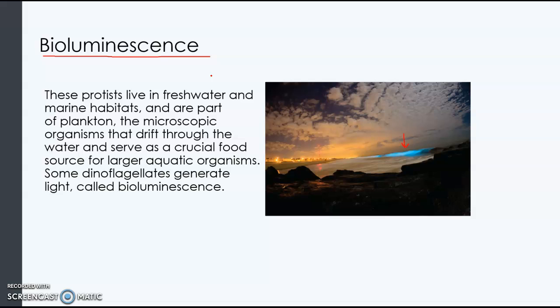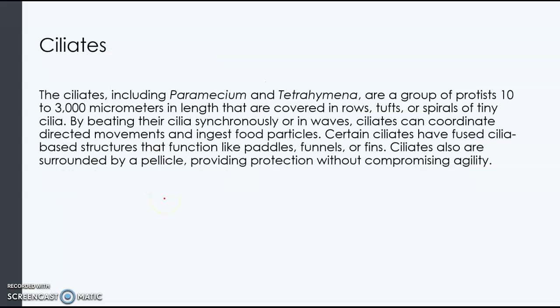They live in freshwater and marine habitats. They're part of the organisms that form plankton, so they're a food source. And not all, but some generate light, and that's called bioluminescence. So some dinoflagellates generate bioluminescence.